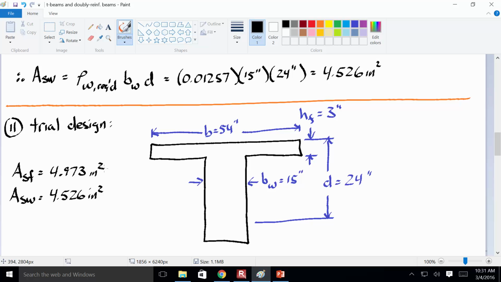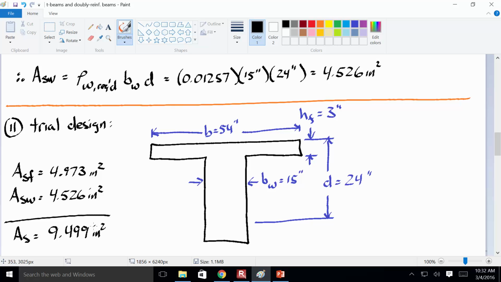Okay? So we need to pick a reinforcement pattern that has an area of steel of 9.499 inches squared.